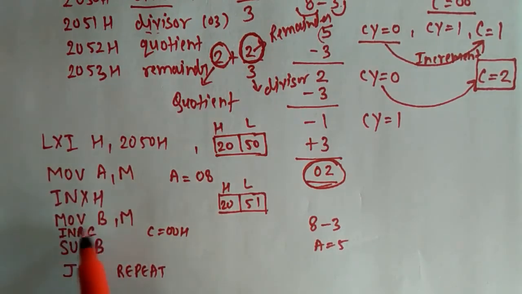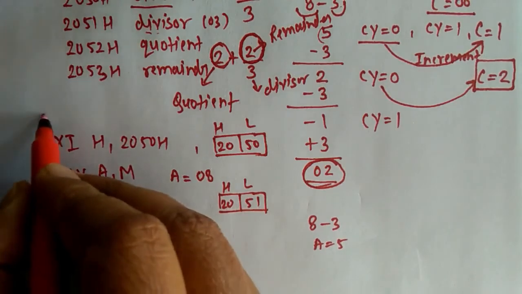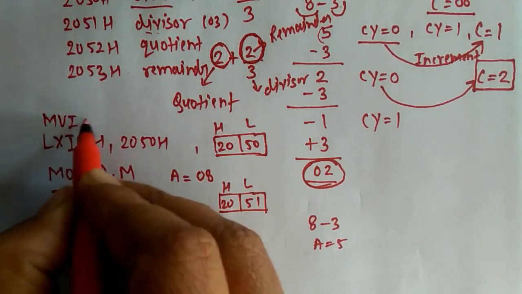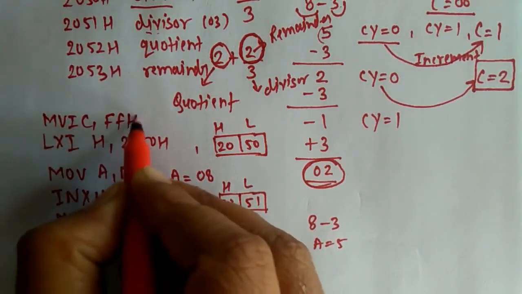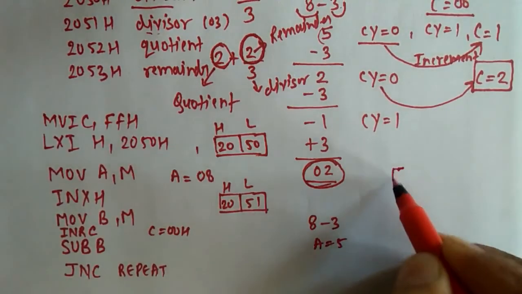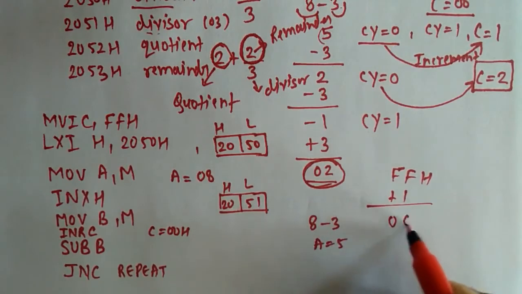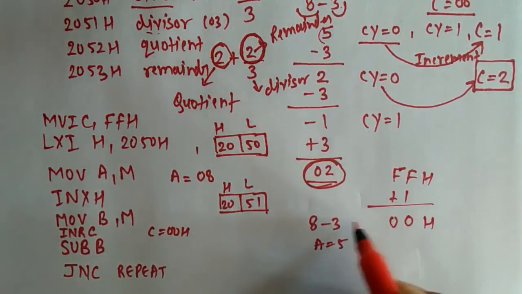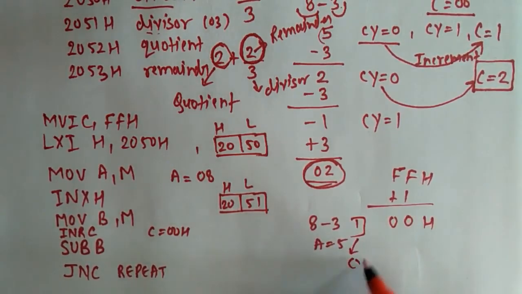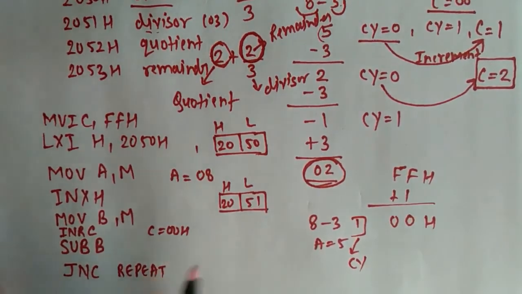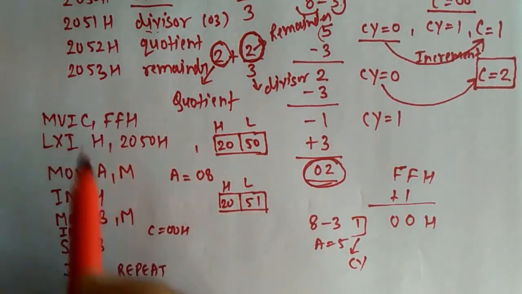So at this stage, after increment C, we want to get 00H in register C. That means we will have to initialize the value of C by FFH, because when we will be adding 1 to FFH, we will be getting 00 in register and 1 will be part of carry.